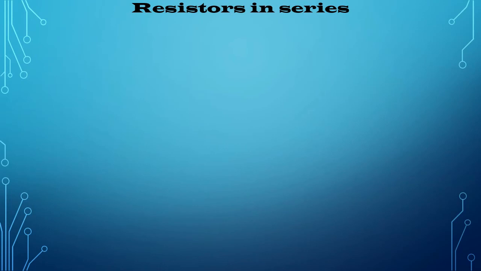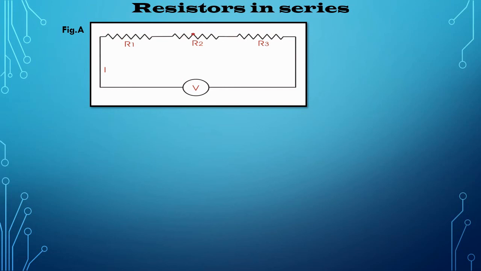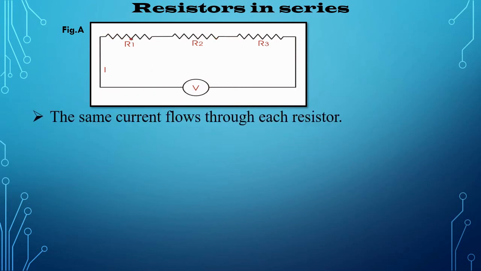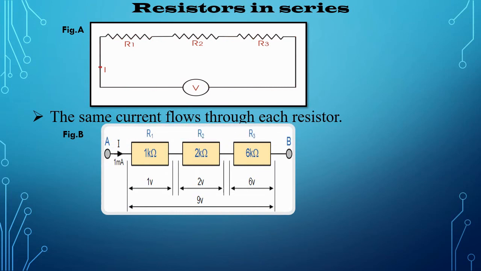A very important characteristic of series combination of resistors is that in series combination, the same current flows through each resistor, as you can see in figure A. Now, as you can see in figure B, the three resistors R1, R2 and R3 are connected in series.